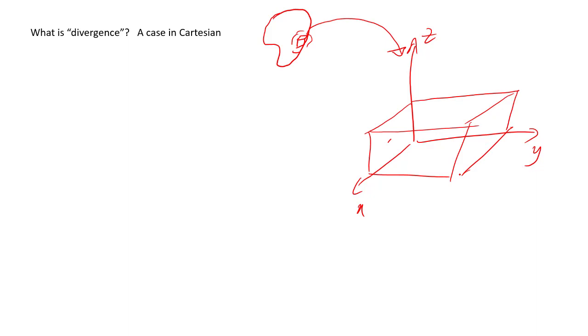right? Let's call this A, B, C, D, the face ABCD, and at the back, let's call it EFGH, right?